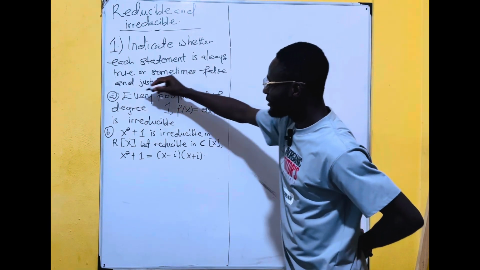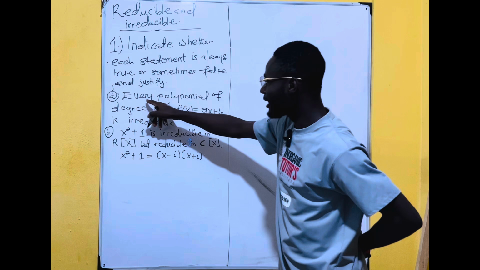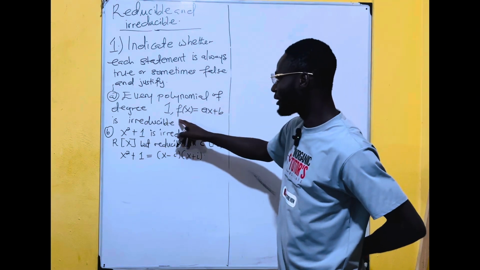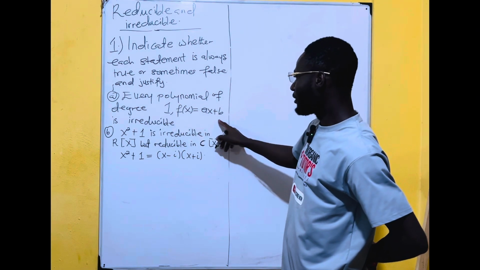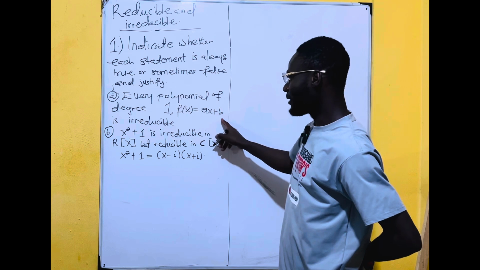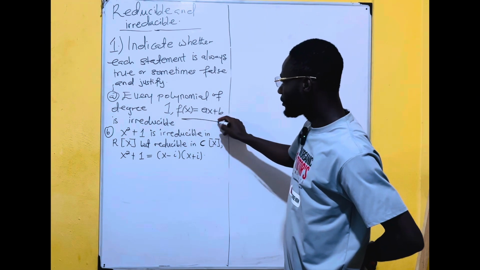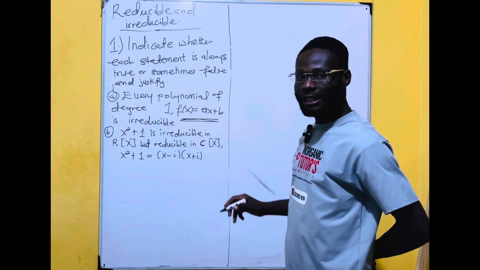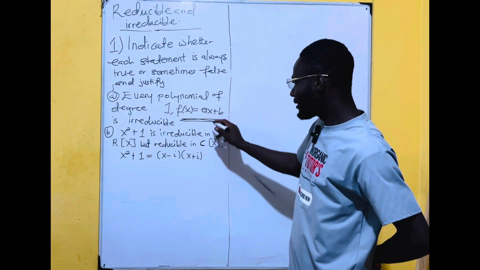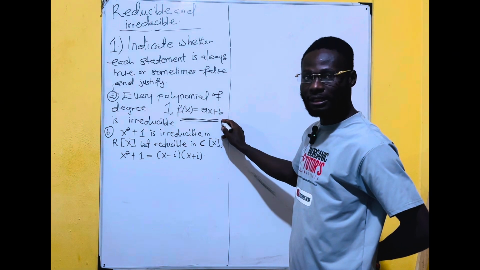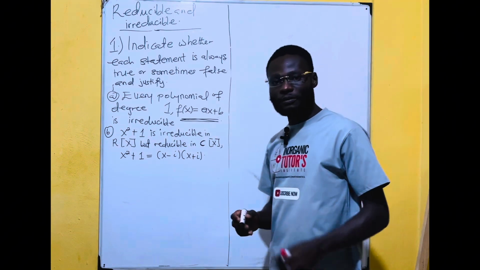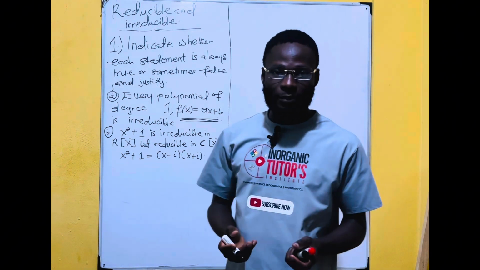Because that is part A. They are saying that every polynomial of degree 1, f of x equal to ax plus b, is irreducible. And this is a linear polynomial. So what is a linear polynomial?